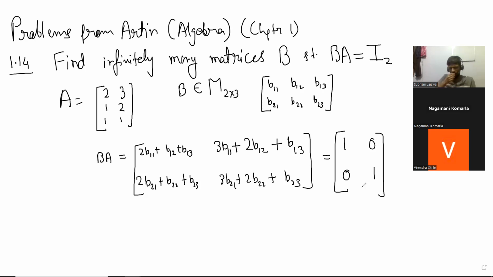So what I did was, when you compare, you'll get 2B11 plus B12 plus B13 is one. If you just equate these matrix elements, we'll get four equations. So this will be equal to one. Then the next one 0.